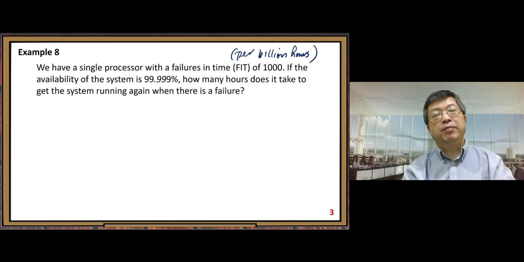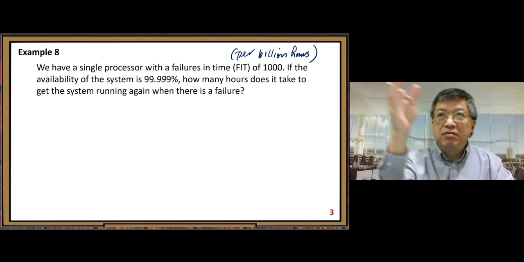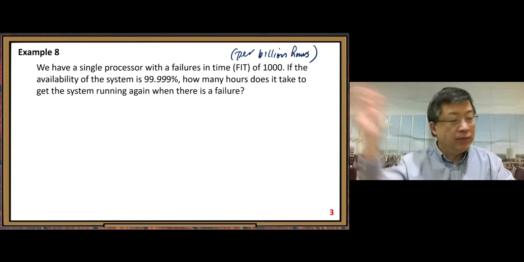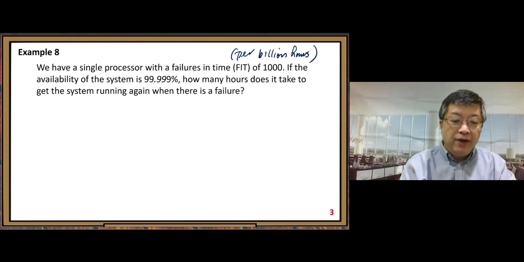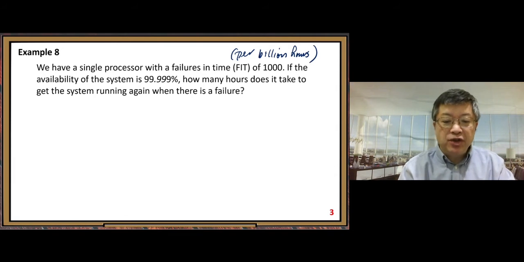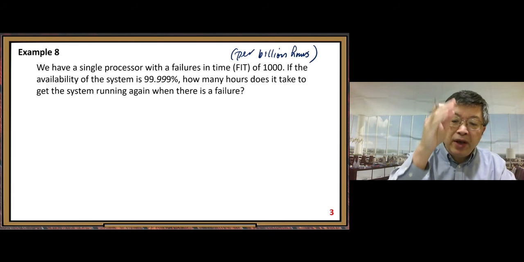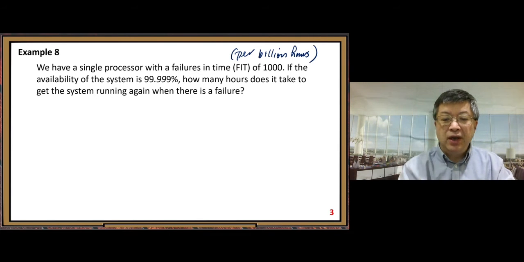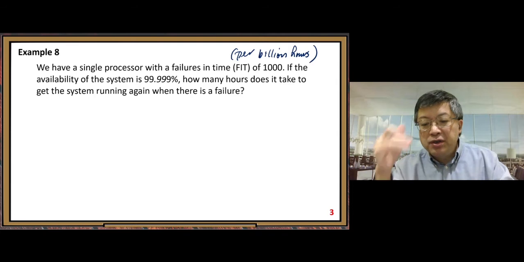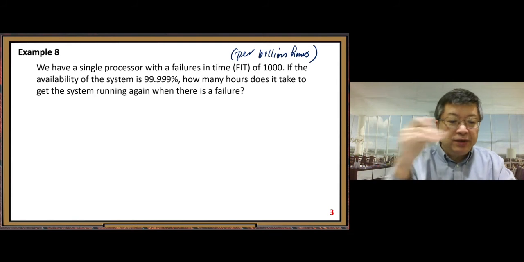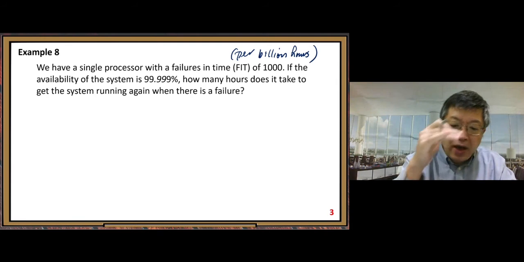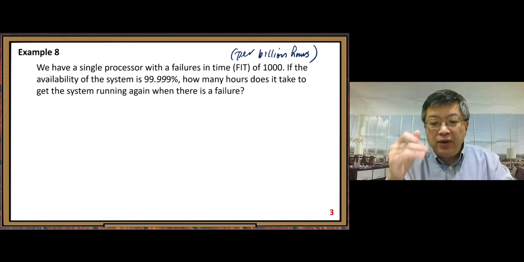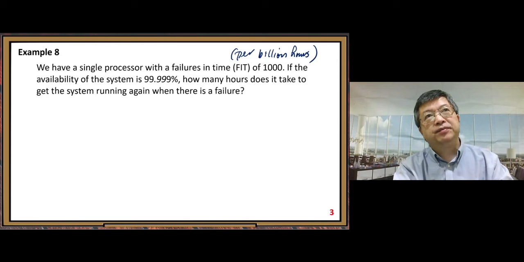Remember that, because we change to that. So we get this 1,000 failures number. If the availability of the system is 99.999%, how many hours does it take to get the system running again when there is a failure?